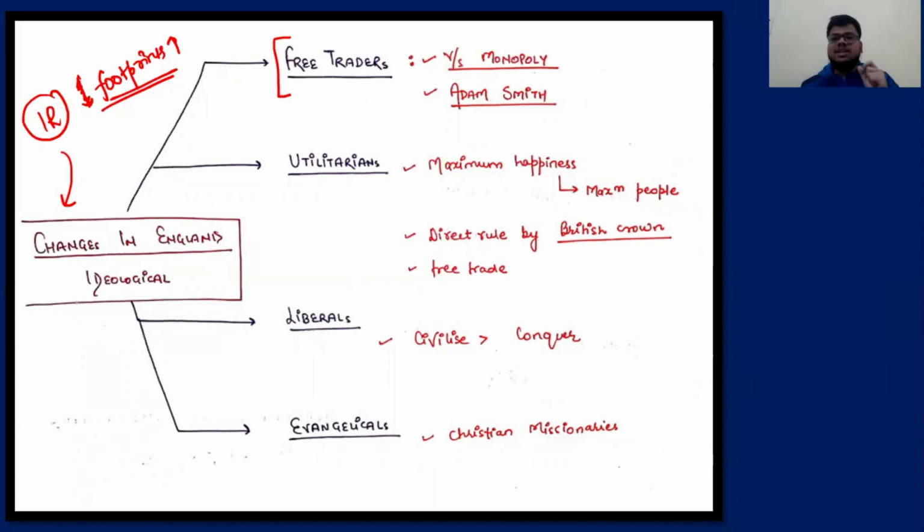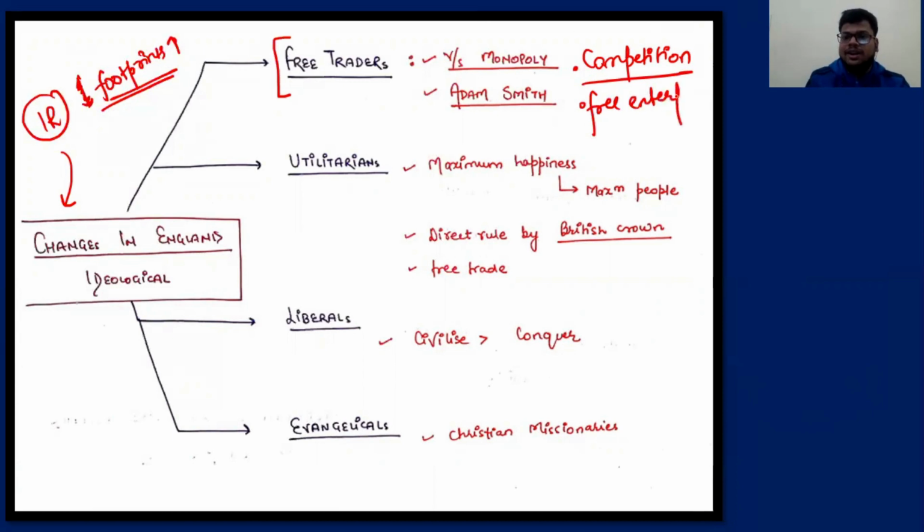Now, that idea is getting broken up because of the ideas of capitalism and free trade, the invisible hand of Adam Smith, that we should not create these monopolies. We should create free traders, that is, competition. We should promote free enterprise.